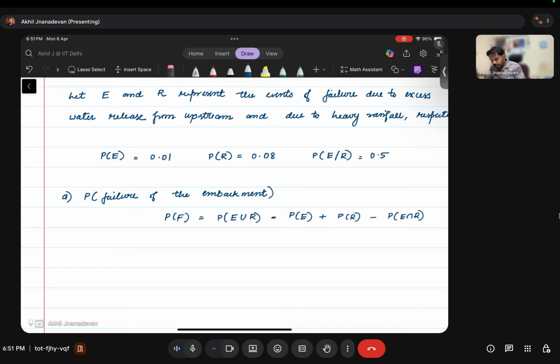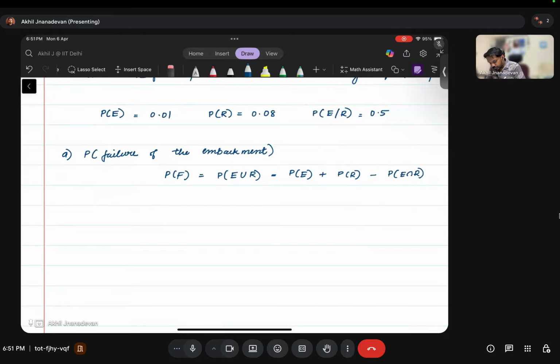So P of E intersection R we need to find, right? So we can make a substitution there. P of E plus P of R, these both are given. From the conditional probability equation, P of E intersection R we can write as P of E given R into P of R. Next is the substitution.